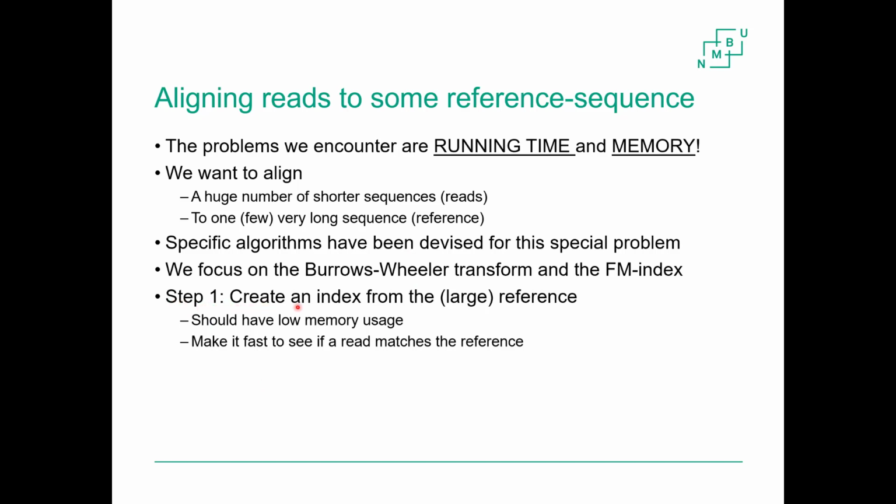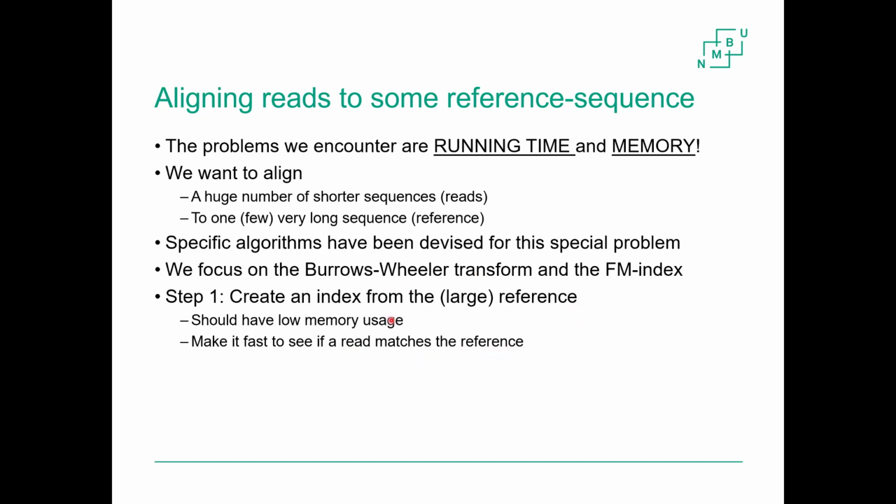First, we create an index, which is a sort of database, and we create this from the long reference sequence. Right? So that's the first step. It should try to use not too much memory, because these references are typically quite big, the genomes, right? Millions and even billions of base pairs if you go to the eukaryotes. It should also be fast to see if a read matches the reference.